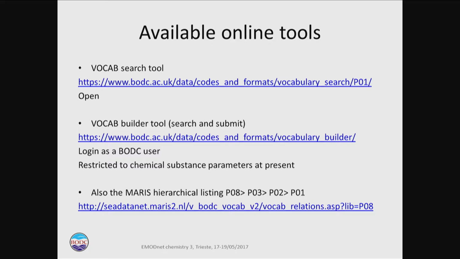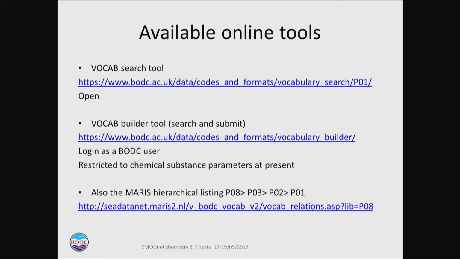For this tool, you actually need to log in as a BODC user. It also allows you not only to search, but to submit new codes if the code you're looking for is not there. It was developed as a, I think I'll tell that, but at the moment it's restricted to chemical substance parameters only.